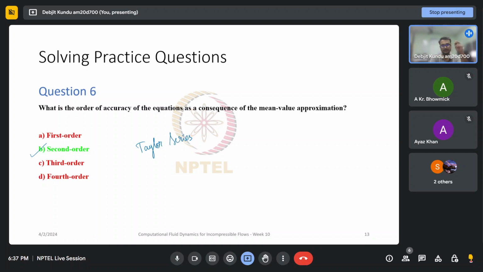It was shown in the lectures that using Taylor series expansions, you can show that if you assume linear variation between 2 points, then the error incurred is actually order of delta x square in case of 1D, and in case of 2D and 3D, delta y square and delta z square would come into the picture. So whatever cell size you are taking, the error would be dependent on the second order.